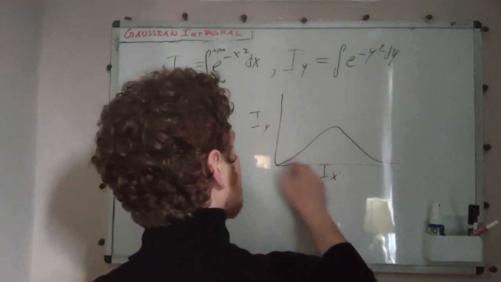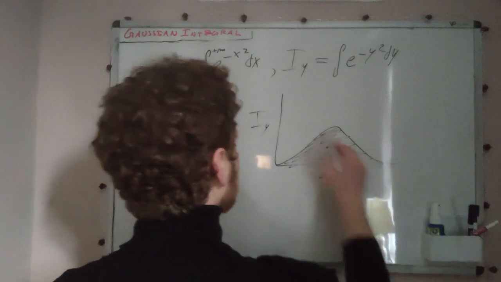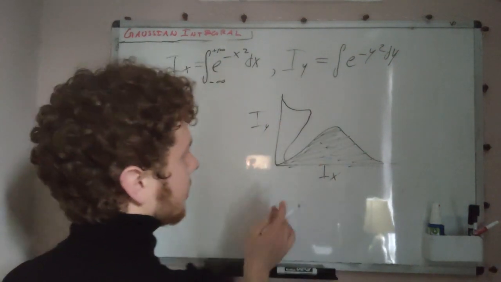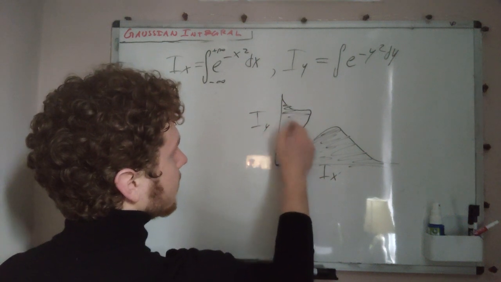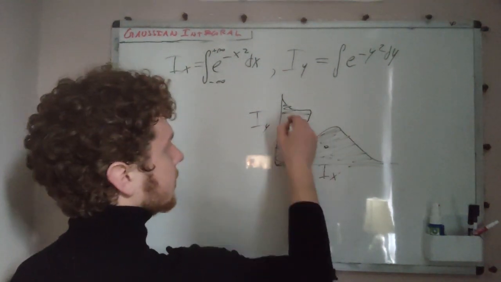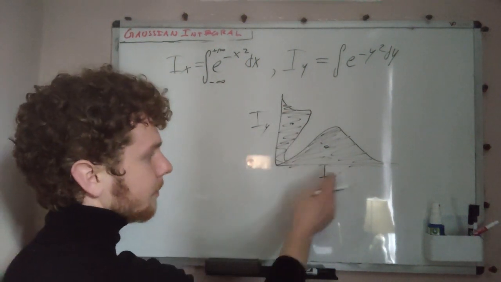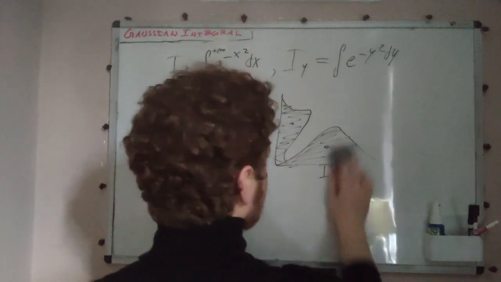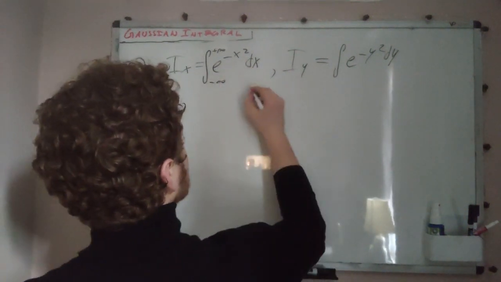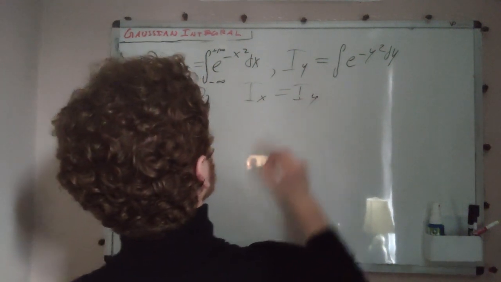I sub x would be this area here, while I sub y is simply the same, just imagine that's the same thing, but on the y side. So something you should notice is that these have exactly the same values. It's basically a rotation from here to here, but the integral is the same value. So thus, I sub x is I sub y.